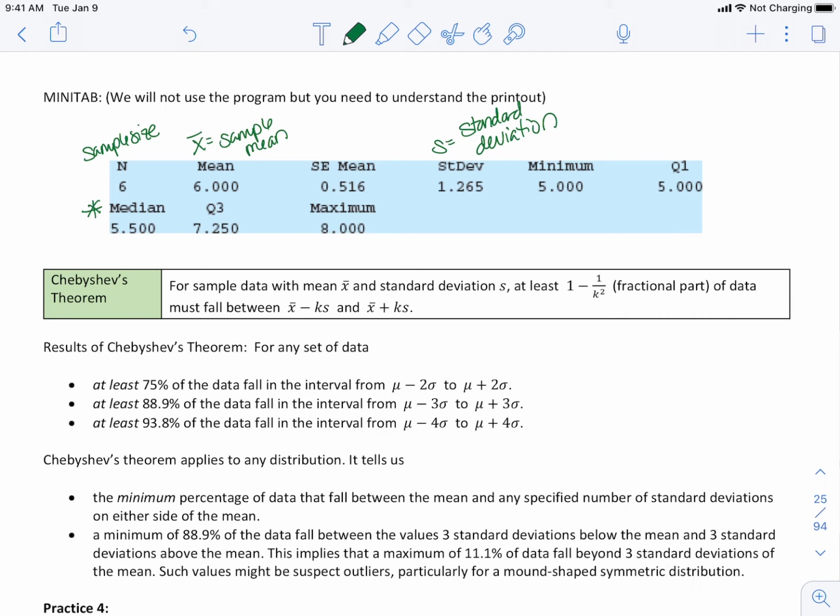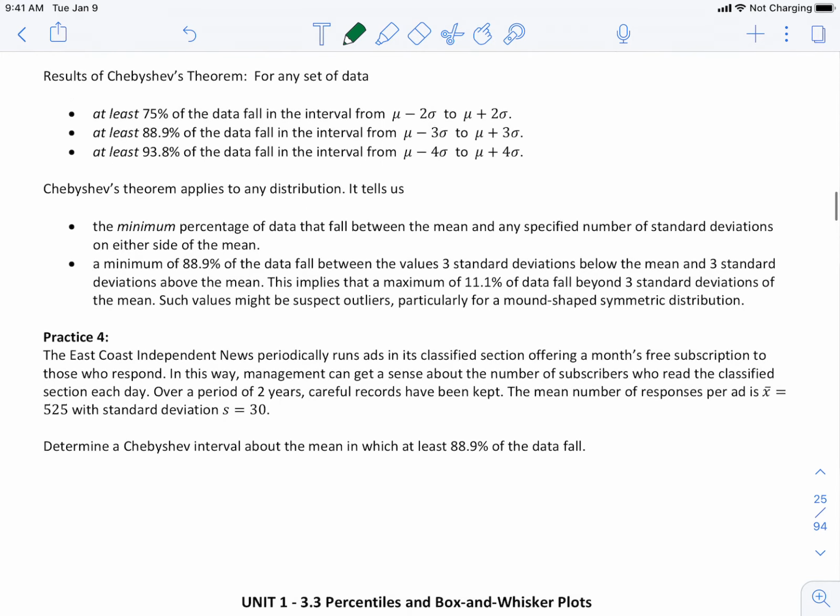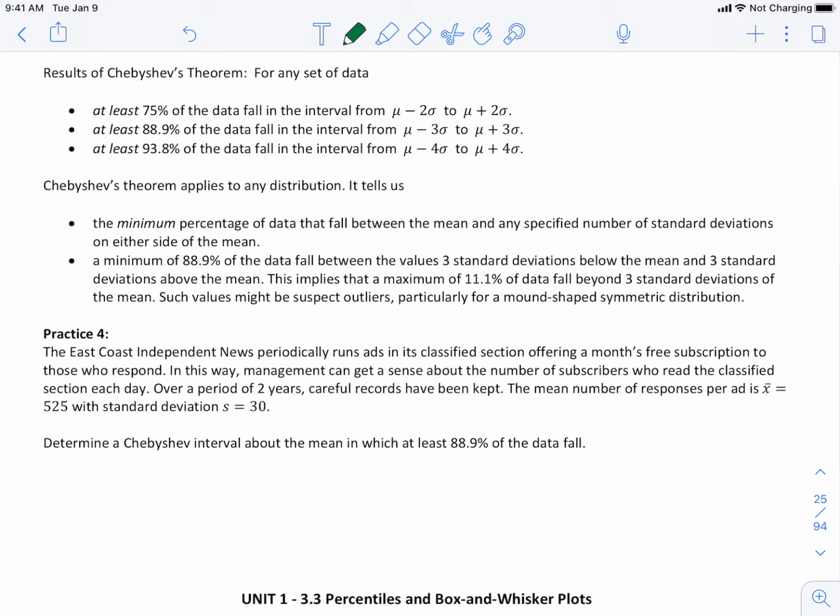Next, we have Chebyshev's theorem, and this says, for sample data with a mean X bar and standard deviation S, at least 1 minus 1 over K squared, fractional part of the data, must fall between X bar minus K times S and X bar plus K times S. So the results of Chebyshev's theorem say that for any set of data, at least 75% of the data fall in the interval from mu minus 2 times the standard deviation to mu plus 2 times the standard deviation.